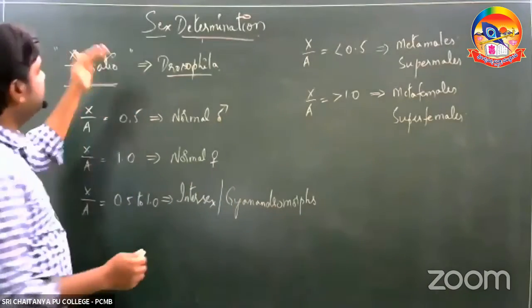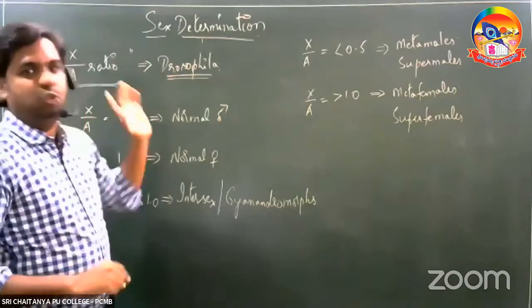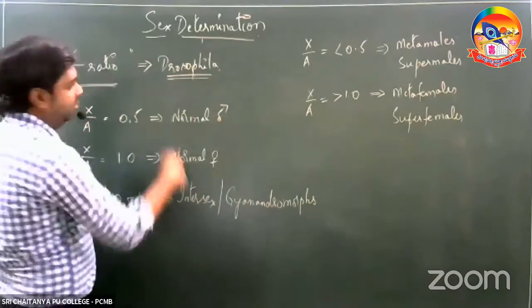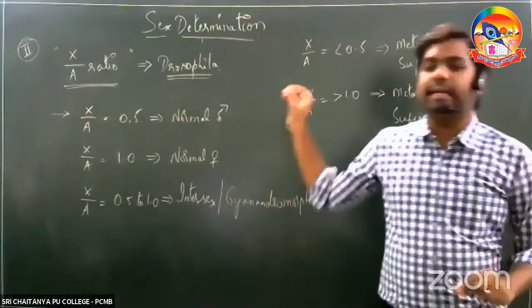So this type of sex determination is exclusively seen in case of Drosophila. Here in this X by A type of sex determination, Y chromosome does not have any role in determining the sex.